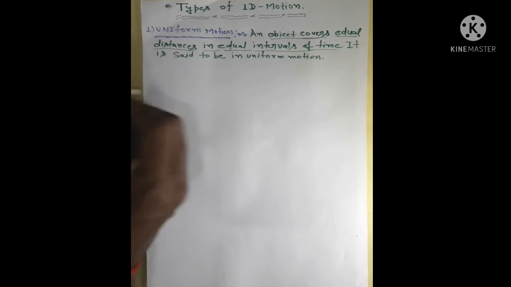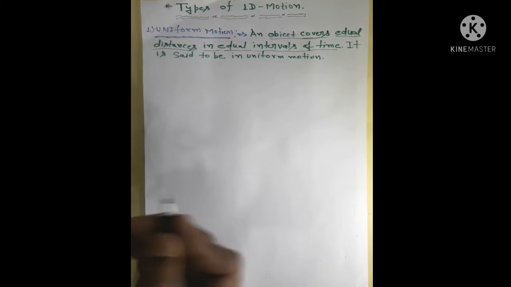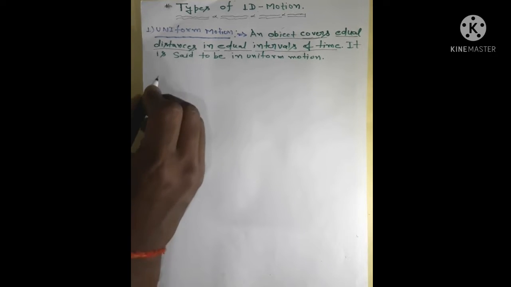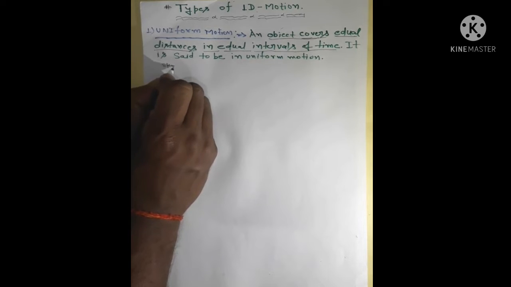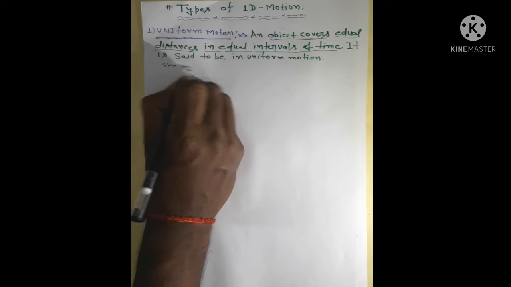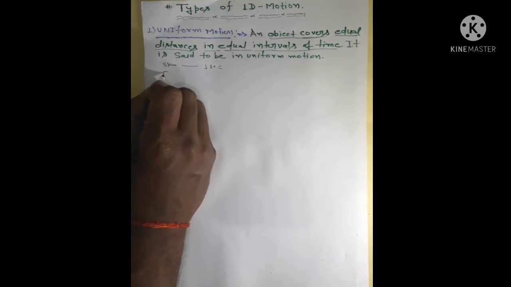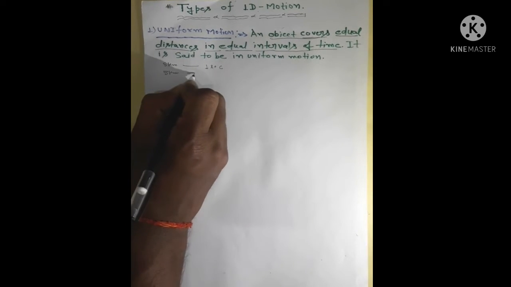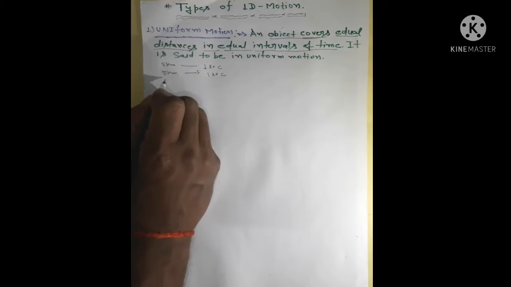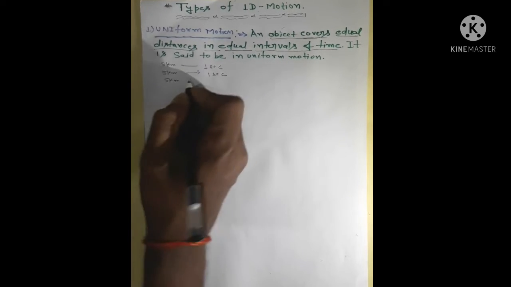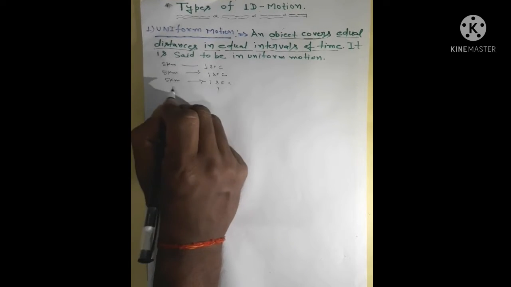It means that we consider a straight line. 5 kilometers distance is traveled in 1 second, and the next 5 kilometers in the next 1 second, again 5 kilometers in 1 second, and so on.